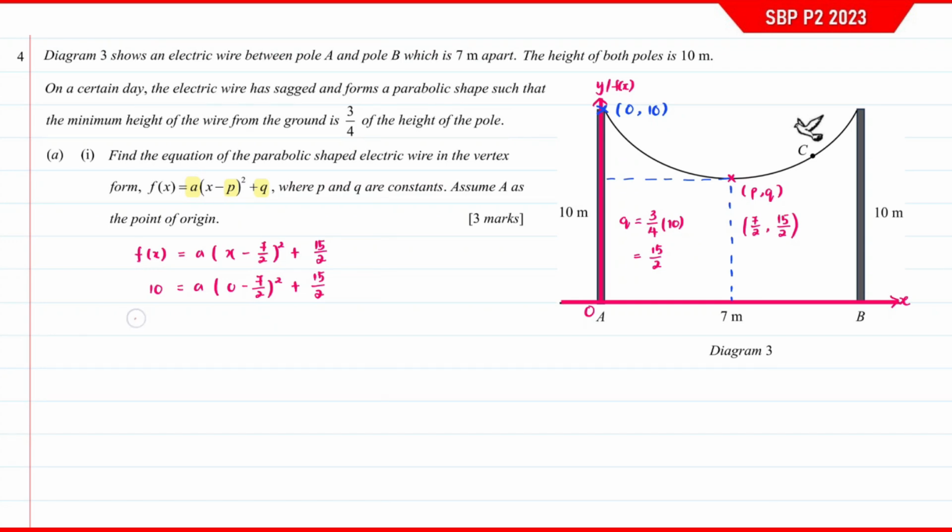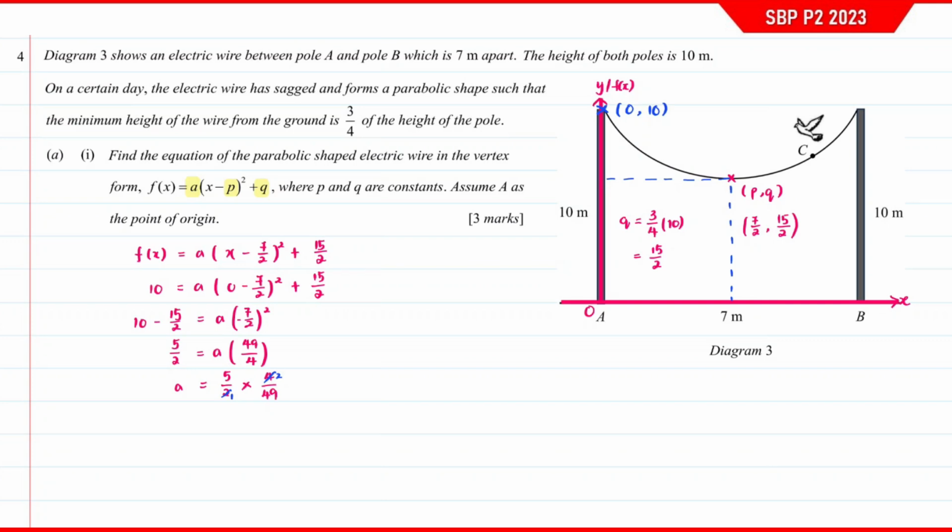So next we're going to get 10 minus 15 over 2, which is equal to a times negative 7 over 2 squared. So here 5 over 2 is equal to a times 49 over 4. Then a is equal to 5 over 2 times 4 over 49.